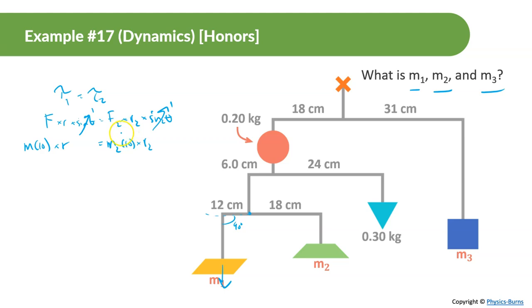But we can get rid of this 10 because those two are just going to cancel out on both sides. So for this first problem, I can say m1 times 12 centimeters is equal to m2 times 18 centimeters.